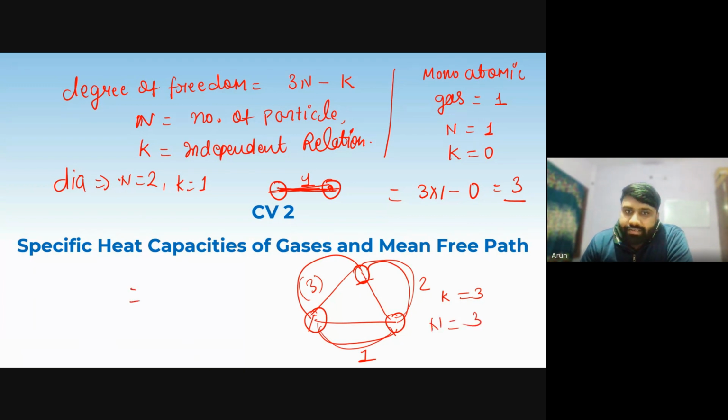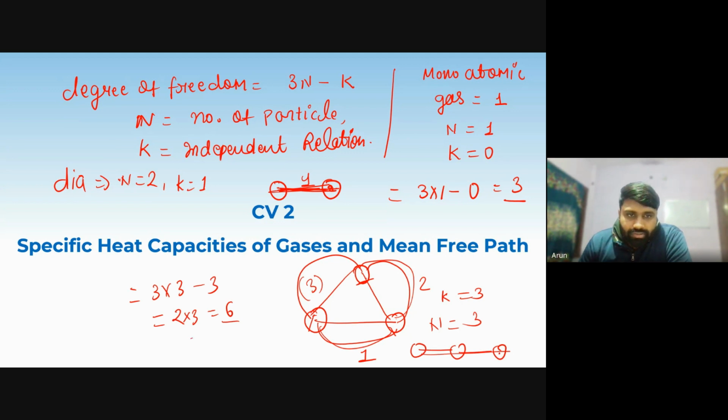So how many degrees of freedom are there? It will be 3 into 3 minus 3, which becomes 3 into 2, which is 6. But if it is linear, like this, how many relations are there? Only one relation, only one way you can relate that.